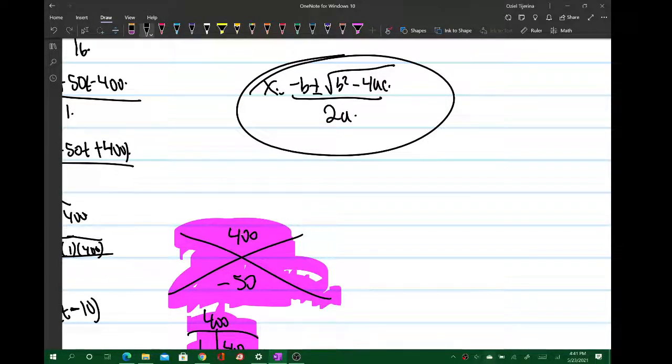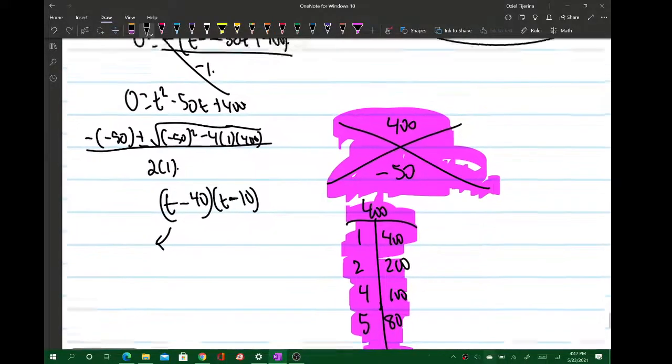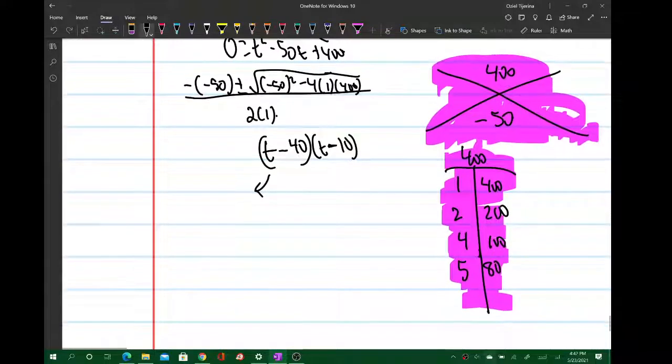It wasn't hard for me to memorize because I saw it so many times, and I became accustomed to it. If you want to memorize it, I would highly recommend it, because this formula will save you so much time when you're solving quadratics.